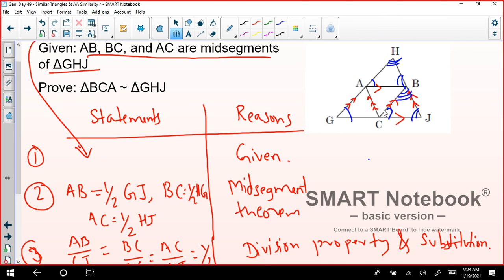And this line is parallel to this particular line, I can say this. And now we are left with these two lines, HJ and AC. So the corresponding angle to this particular A is angle H. So this is going to be three arc lines, and this is going to be two arc lines.